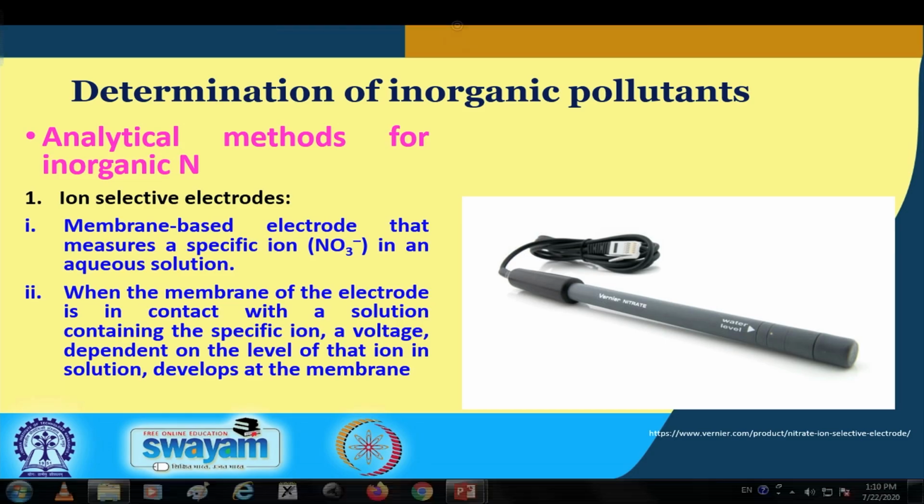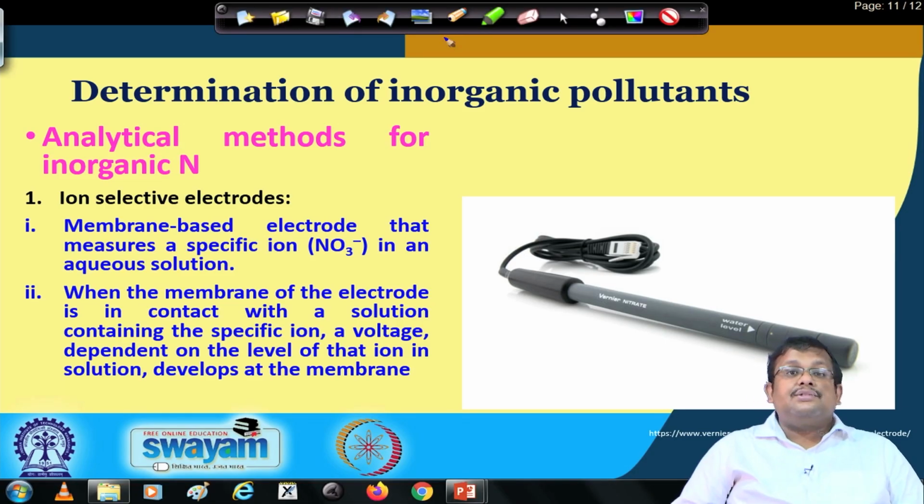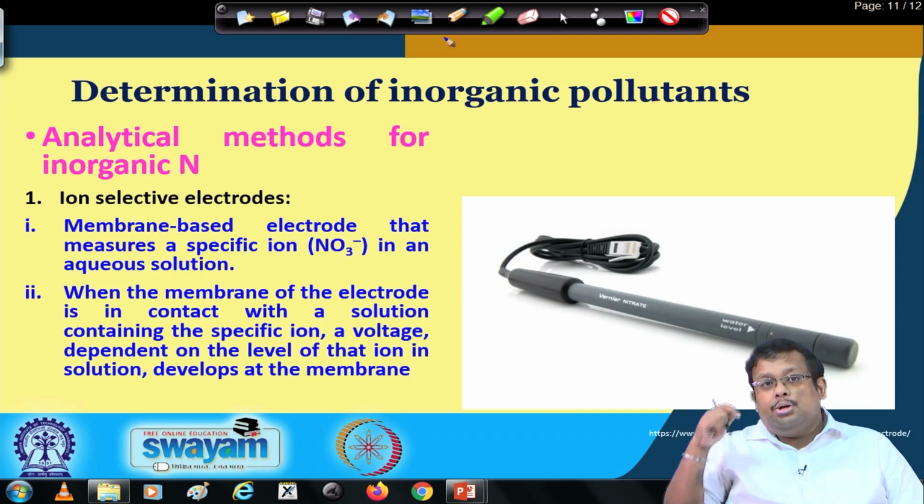These ion selective electrodes are basically membrane based electrodes that measure a specific ion, for example, nitrate in an aqueous solution. After you extract the nitrate into an aqueous solution using some extractant, you can use this membrane based electrode, sometimes called an ISE, to measure the specific ion concentration.